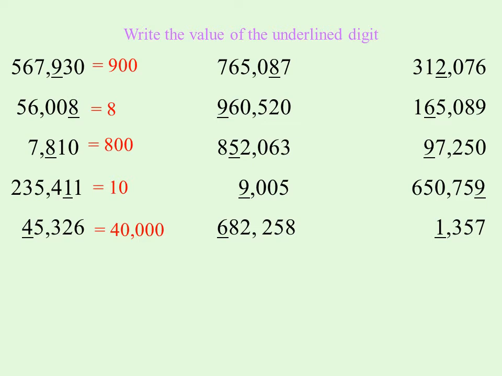So the value will be, excellent, 80. 960,520. Now we want to know the value of 9. 9 is in the 100,000 place. So the value of it will be 900,000.